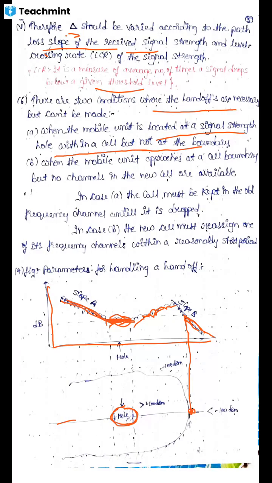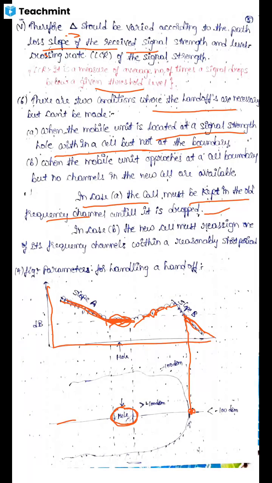In this case, the call must be kept in the old frequency channel only, until the call has dropped. There is no other way, because it is a weak signal spot area.